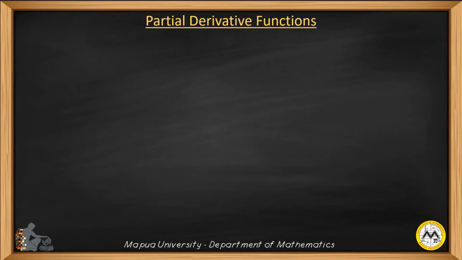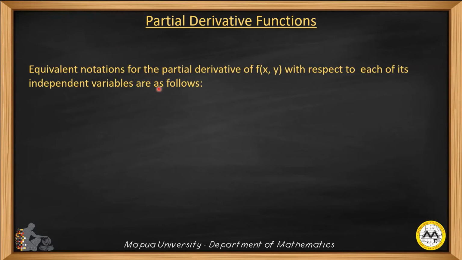Here are other notations that would denote partial derivative either with respect to x or with respect to y. So if we are given a function of two variables, f of x, y, then we can determine partial derivative of the said function with respect to any of its independent variables.